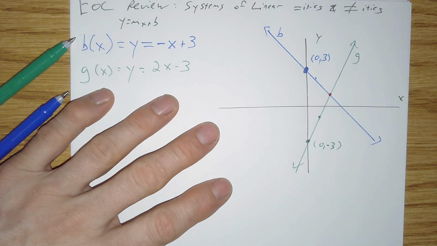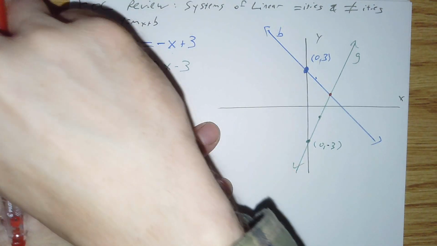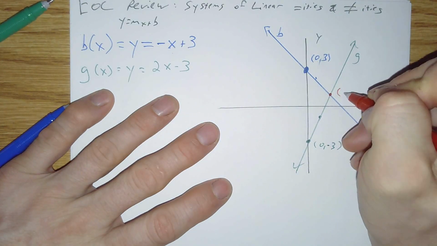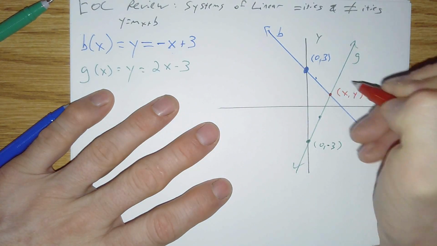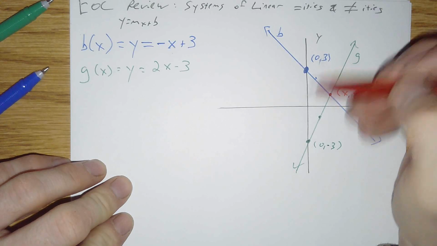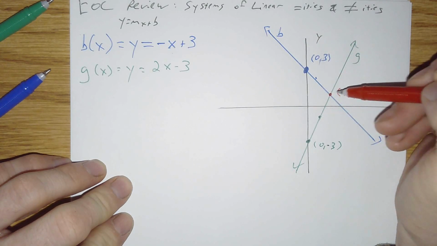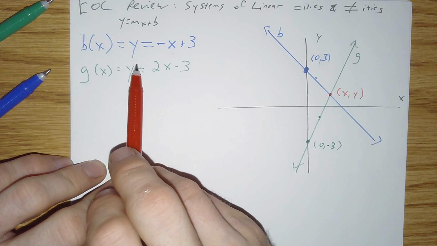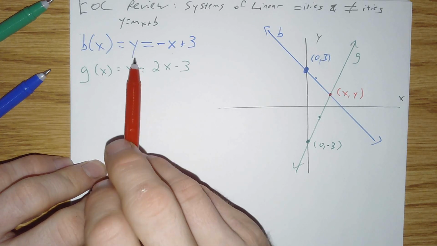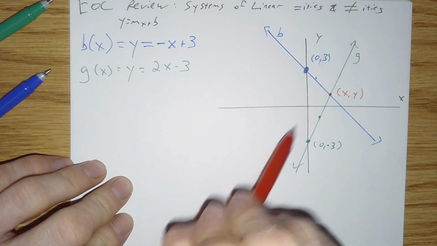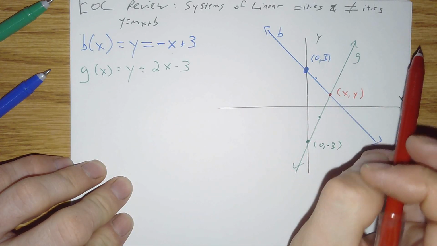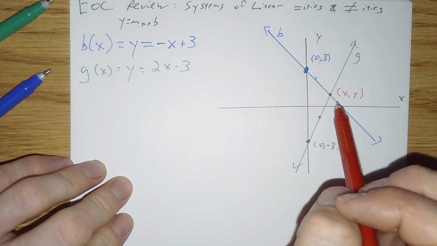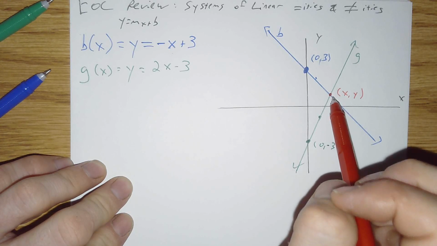Well, I know that they share an x and a y value at that point. This is already rearranged for y equals something. So this y equals that y at that point, and that's the solution for the system of equations, the point at which these two meet.